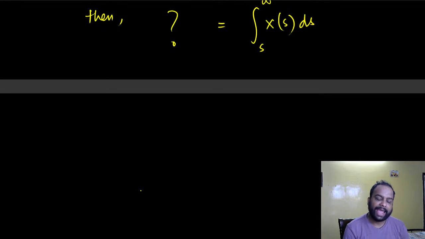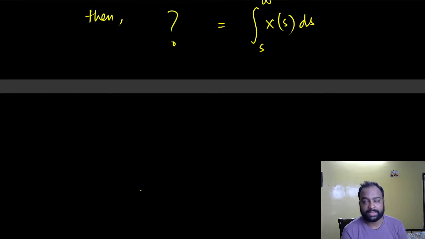And any problem that can be solved using Fourier transform can also be solved using Laplace transform, but it's not the other way around. Any problem that is solvable through Laplace transform might not be solvable through Fourier transform, because you might have functions that do not have a Fourier transform, but those still might have a Laplace transform.